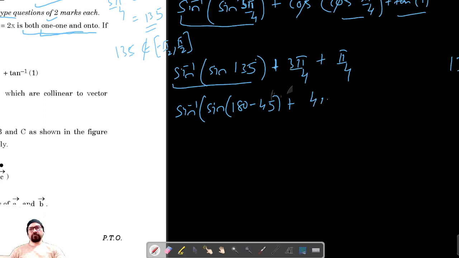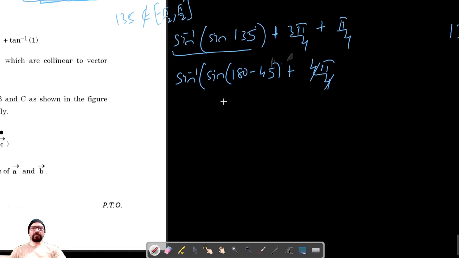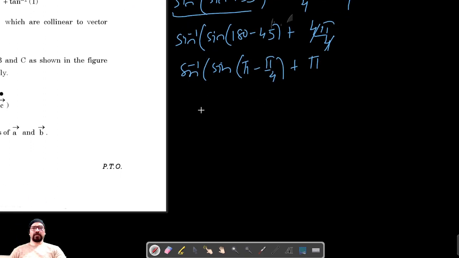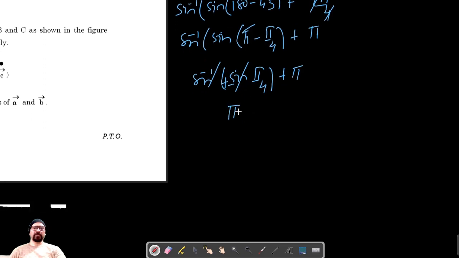And now 180 is pi, and 45 is pi by 4, so this is pi minus pi by 4. Now sine inverse sine of this means no change, and we are in the second quadrant, so sine is positive. The sine gets cancelled, so this is pi by 4.